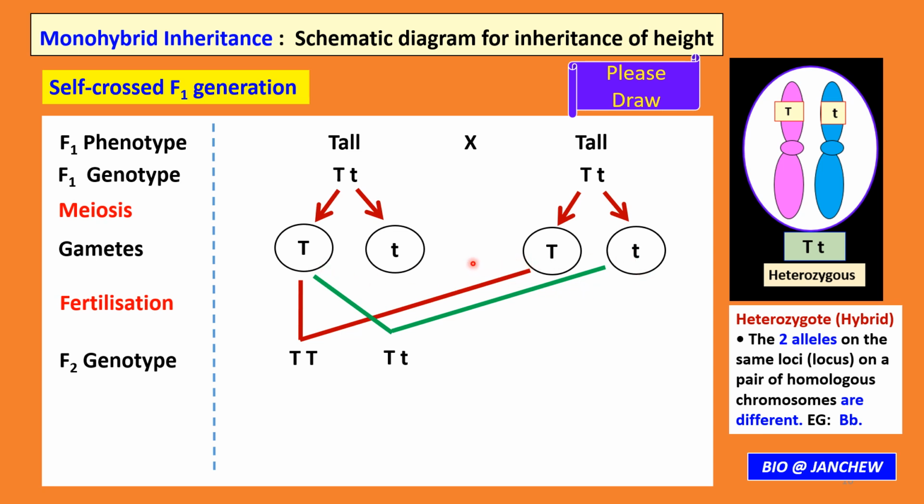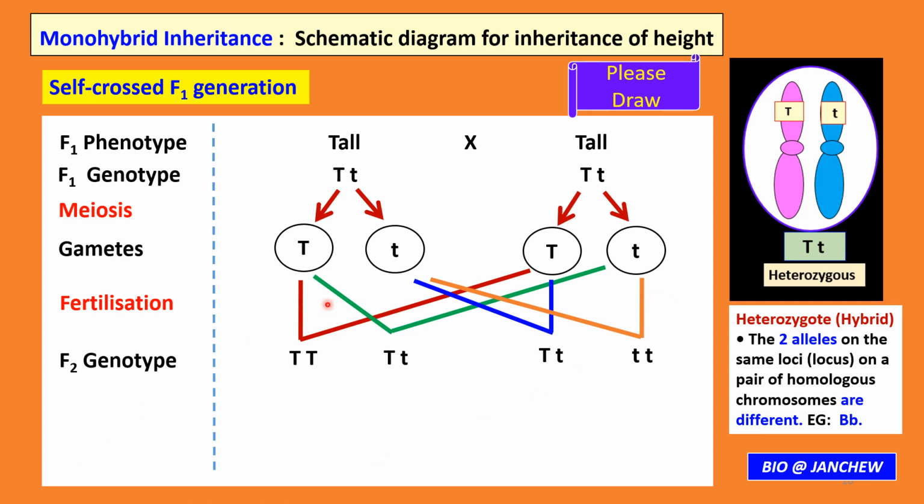Now the third possibility is that the second gamete from the first plant can fuse with the first gamete from the second plant. So small t, big T, but always write the capital letter first. So big T, small t, same as this one. The last combination is second gamete with second gamete from the other plant. Small t, small t.